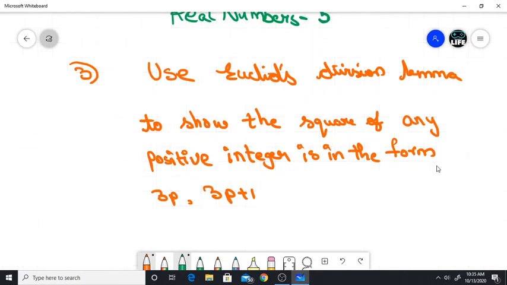Read the question until you understand it. Use Euclid's division lemma to show the square of any positive integer is in the form 3p, 3p plus 1.